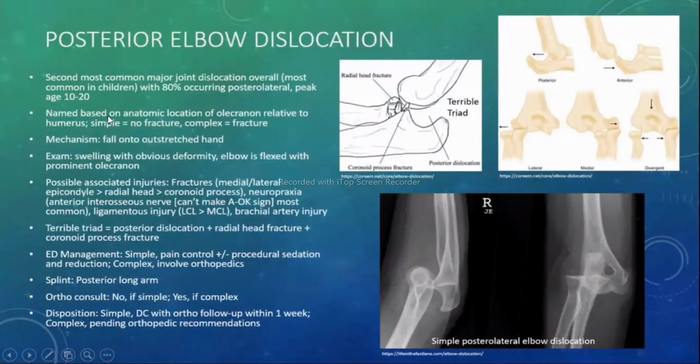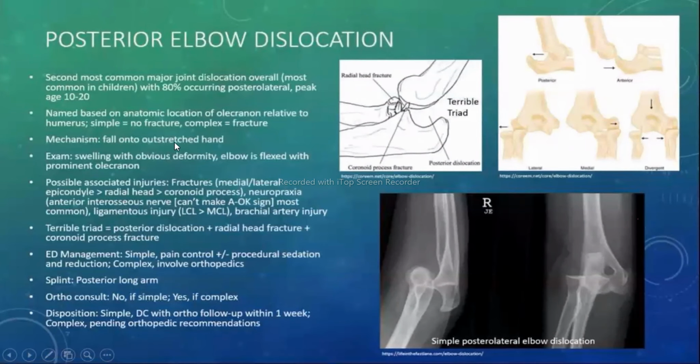It is named based on the anatomic location of the olecranon relative to the humerus; as we said, check the distal part. Posterolateral is not common in the exam. They can ask you in the exam about the mechanism of injury. So, what is the mechanism of injury?